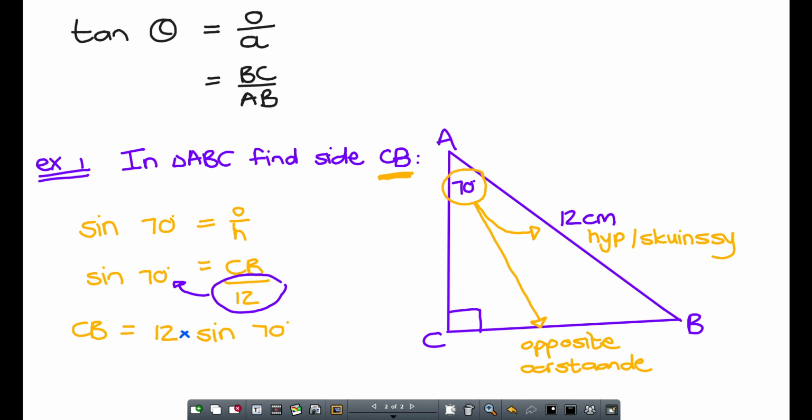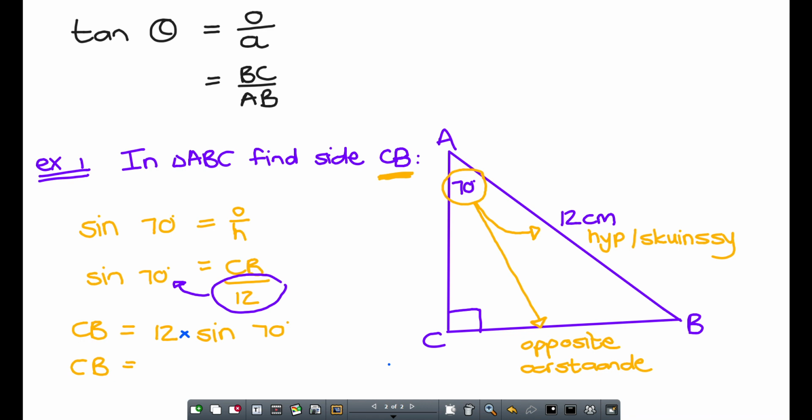Nou haal jy vir my jou sakrekenaar uit. En dan tik jy gou vir my. Hoorie, en jy moet maar seker maak jy bring elke liewe dag jou sakrekenaar, nee? Because especially at Trig, you're going to use it every single day.